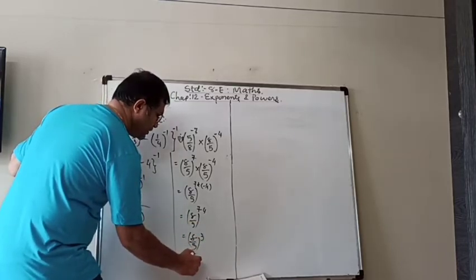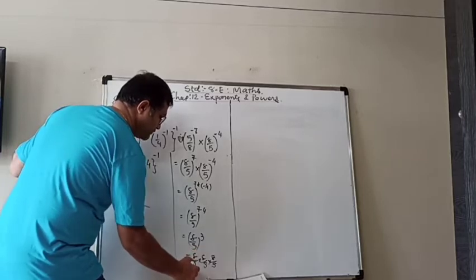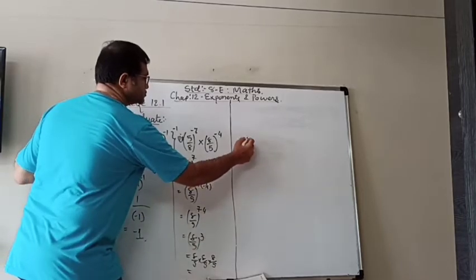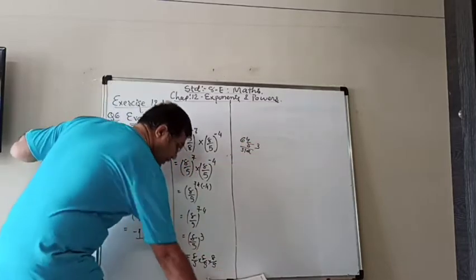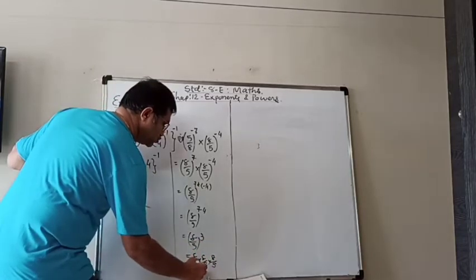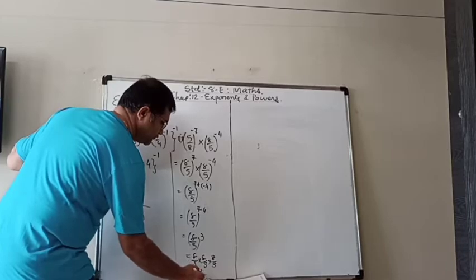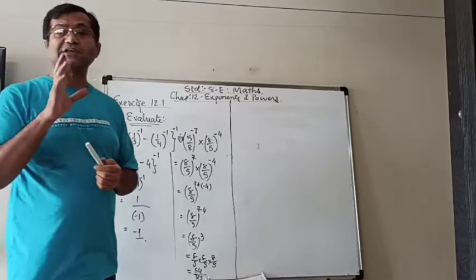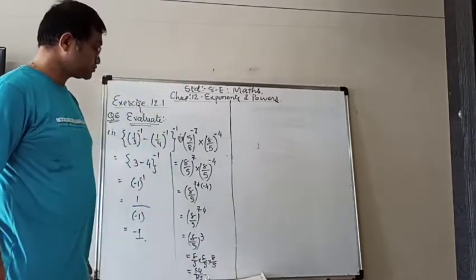Or you can write 8 by 5 multiplied by 8 by 5 multiplied by 8 by 5. 8 8s are 64. 64 8s are 512. So we can write 512. 5 5s are 25, 5 25s are 125. That is, you have to remember the laws, then it will be very simple for you.